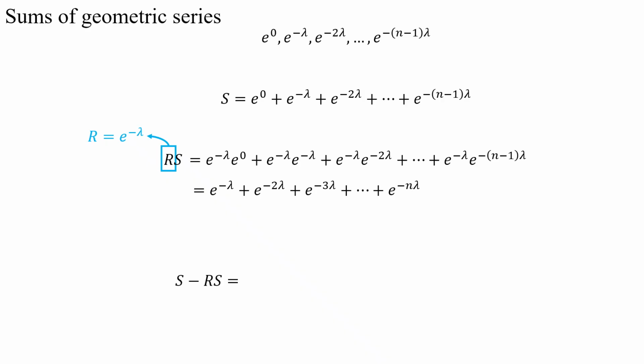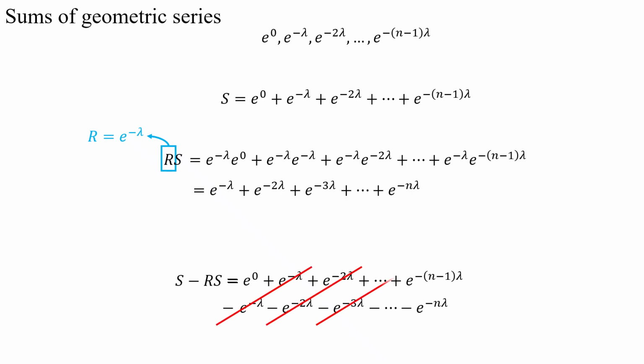This is still part of the trick. Now we subtract RS from S. We just take the expressions that we've already, I hate to say derived, we haven't really, we just clarified them, and we subtract RS from S. And when you do that, all of these terms cancel except for the two bookends.